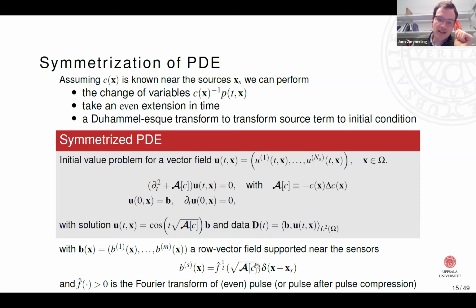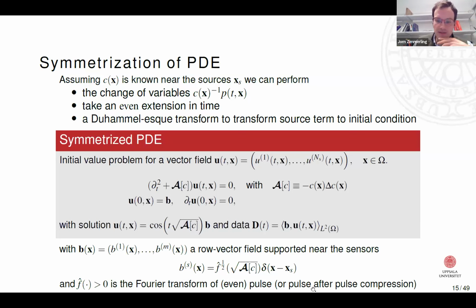These functions are computable, and they are source functions that are localized around the source. Then f hat is the Fourier transform, and in this case, because we have an even transform in time, we assume that the pulse is even.